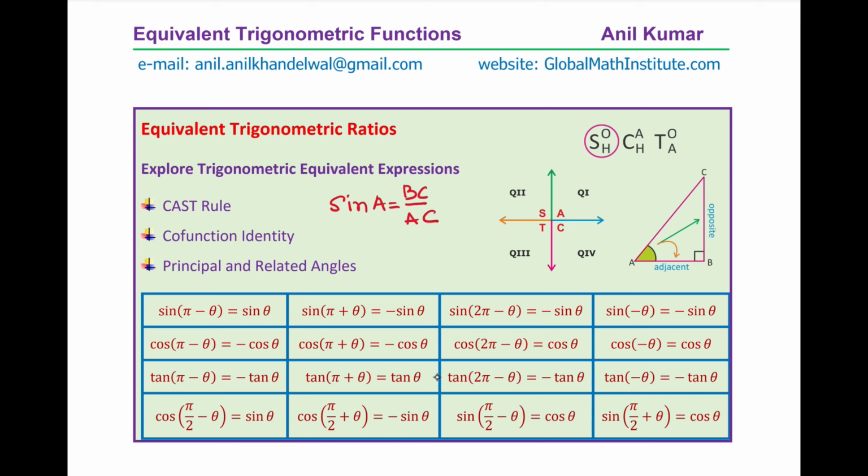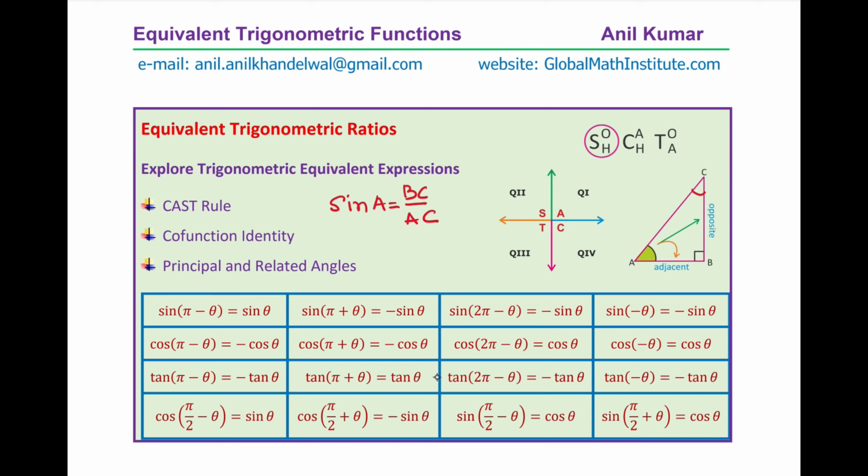Now, if I look from the other angle, which is angle C, what is cos of C equal to? Cos of C will be the adjacent side over the hypotenuse, correct? That is cos of C. So that is also equal to BC over AC. You see how sine A and cos C have exactly the same value.